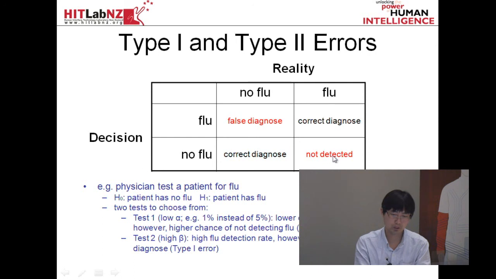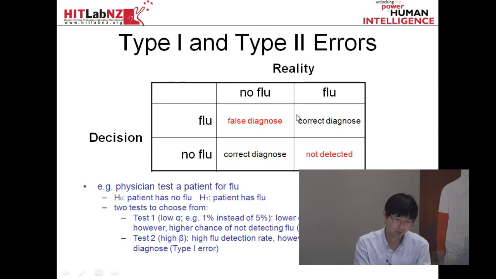And type 2 error is when he actually has the flu, but your testing method says he has no flu. Then you are not detecting the flu, which is a false negative.